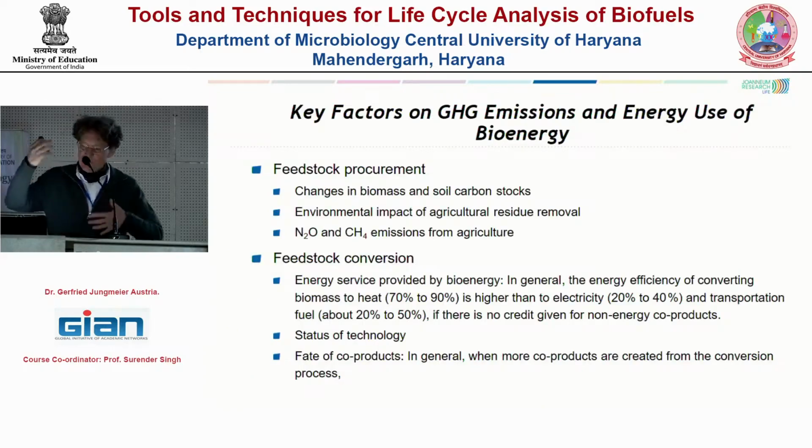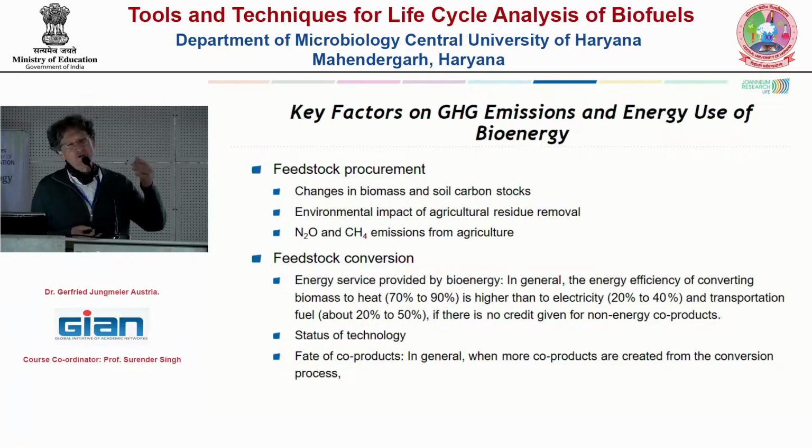Also, when you do an analysis of bioenergy for different impact categories, if you know already in advance what might have a strong influence on your results, if you know that already from literature or other studies, that's very good, because then in your modeling and in inventory analysis, you can be already quite precise in these elements. You know they significantly might influence the results. And that's why I show you here some key factors.